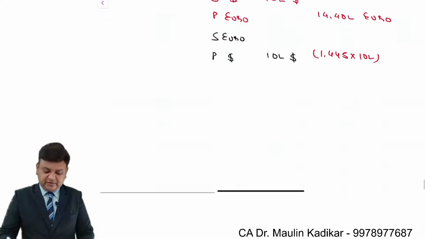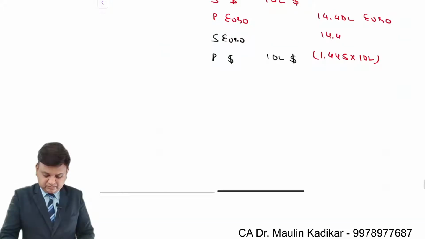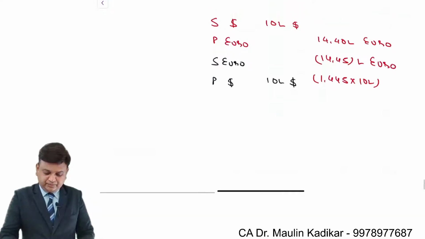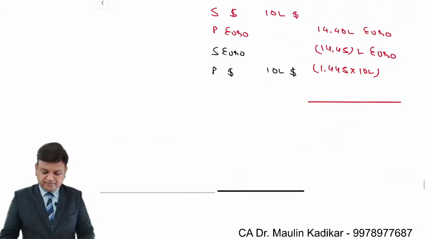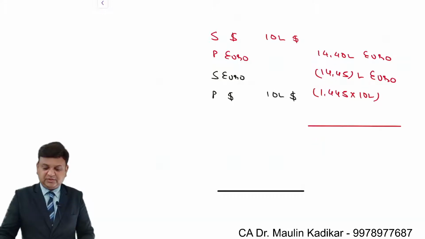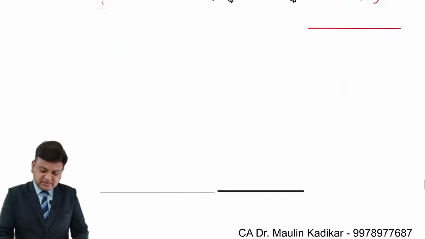That comes to 14,45,000. This is the way you are able to find the profit or loss. So 14,40,000 is what you purchased and 14,45,000 is what you are selling. So ultimately that results in a loss of 5,000 euro.